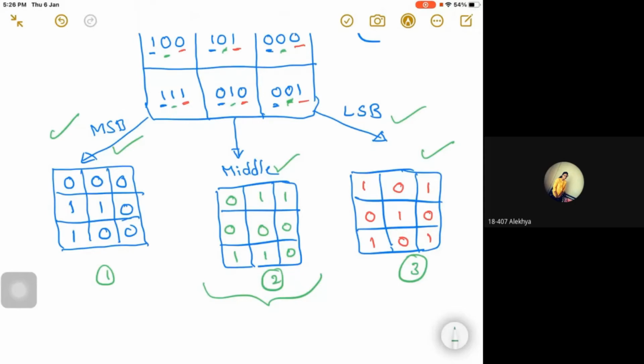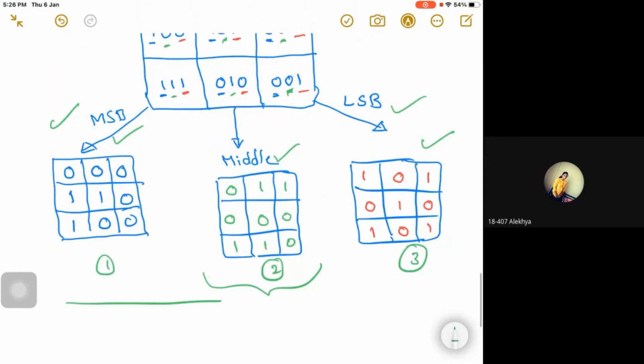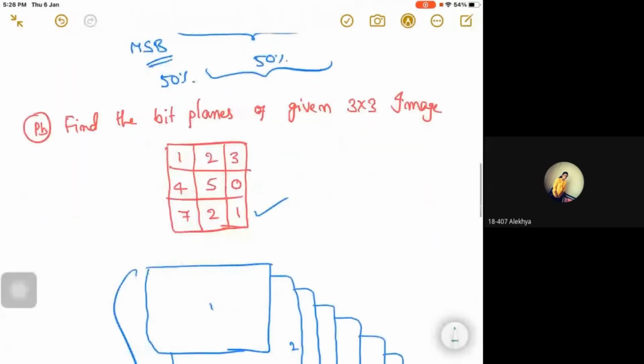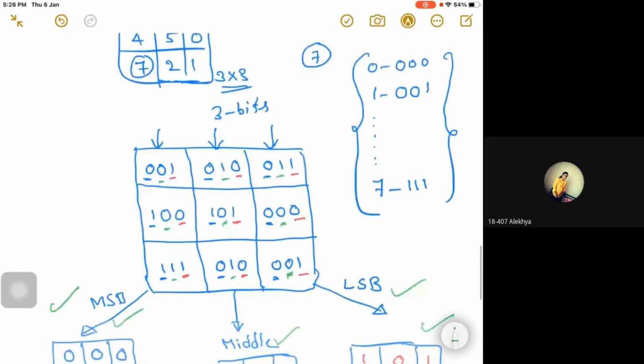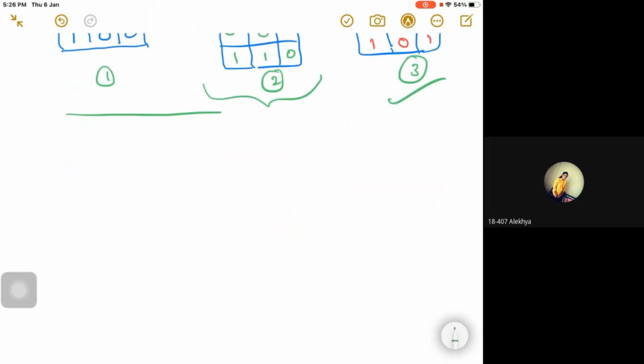For example, let us consider the input image. This is the problem: find the bit planes of the given 3 by 3 image. If you solve up to this, it is over. The problem may also be asked with more than 3 bits. For example, if it has 4 bits, how do we divide that into different bit planes?